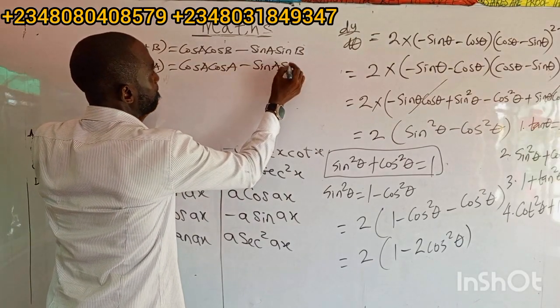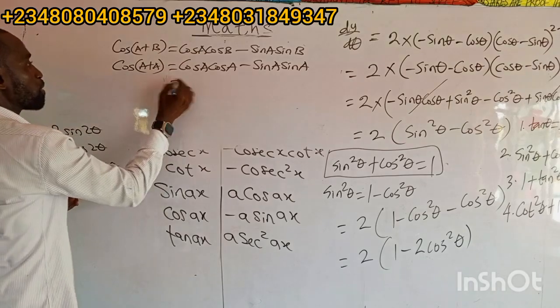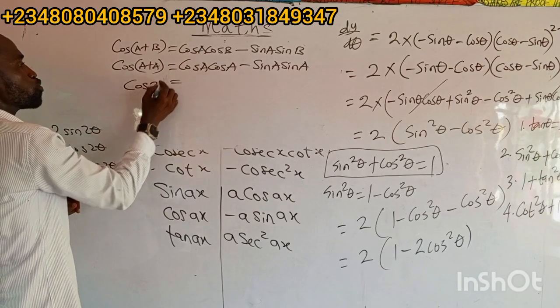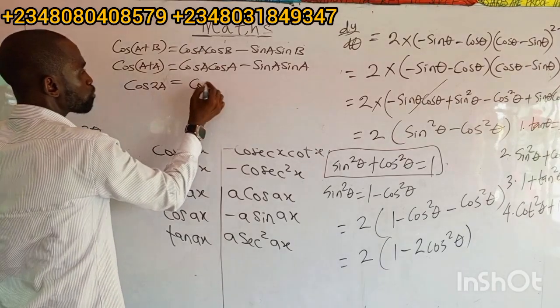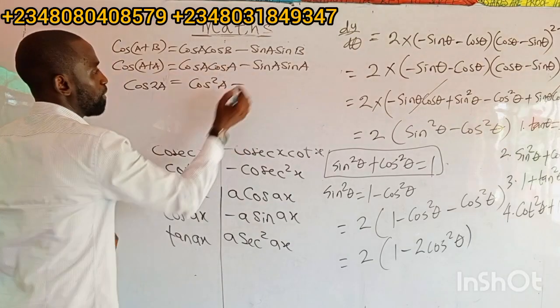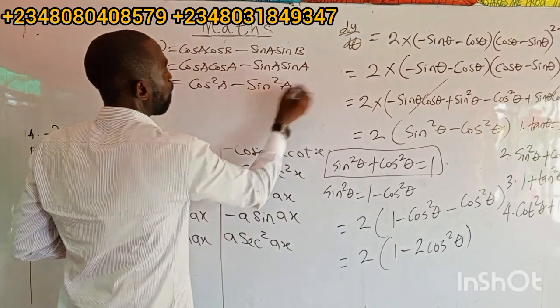Sin A, sin A. So this will now be equal to what? It means cos 2A. Cos 2A is equal to what now? Cos square A minus sin square A.